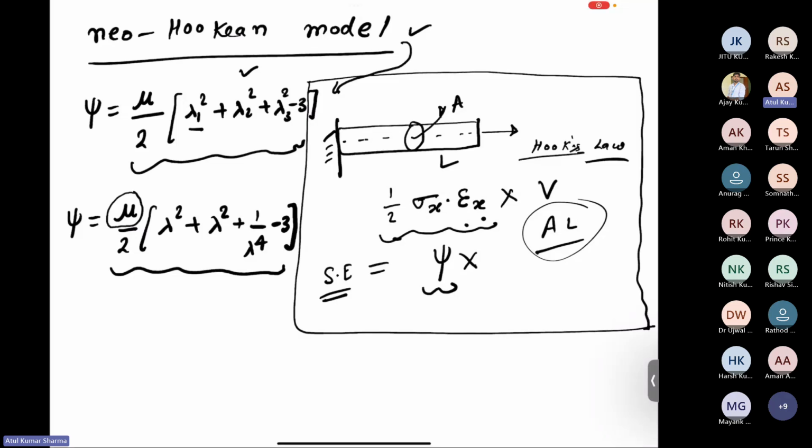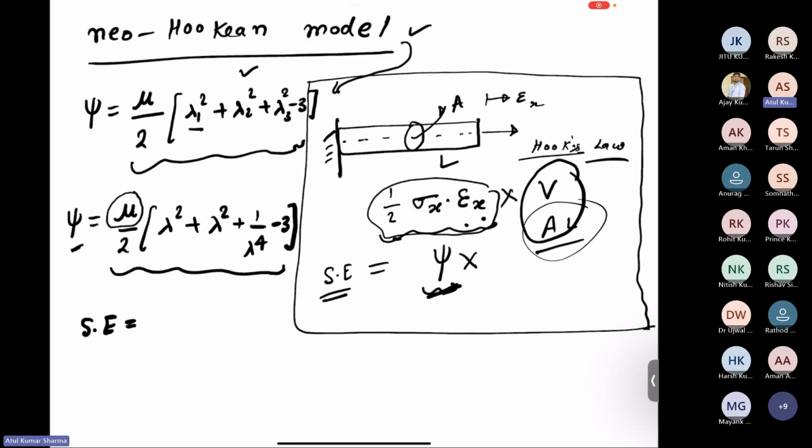Once you have this elastic energy, we can write out the total energy stored in the system. Here psi is the strain energy density. If you multiply it by the volume, you can find the total energy stored in the system, for an elastic bar for example, with strain epsilon x. It will vary because it is a point function, defined at a point.